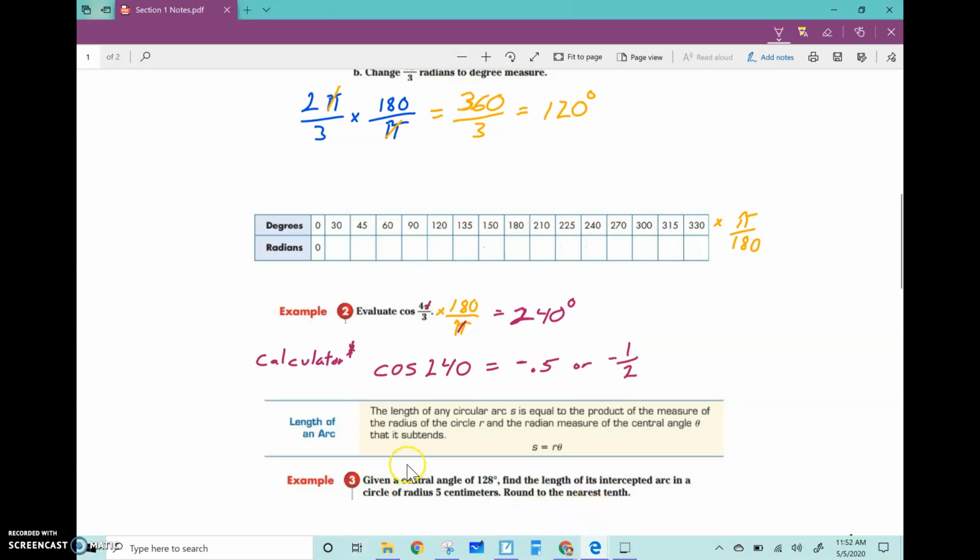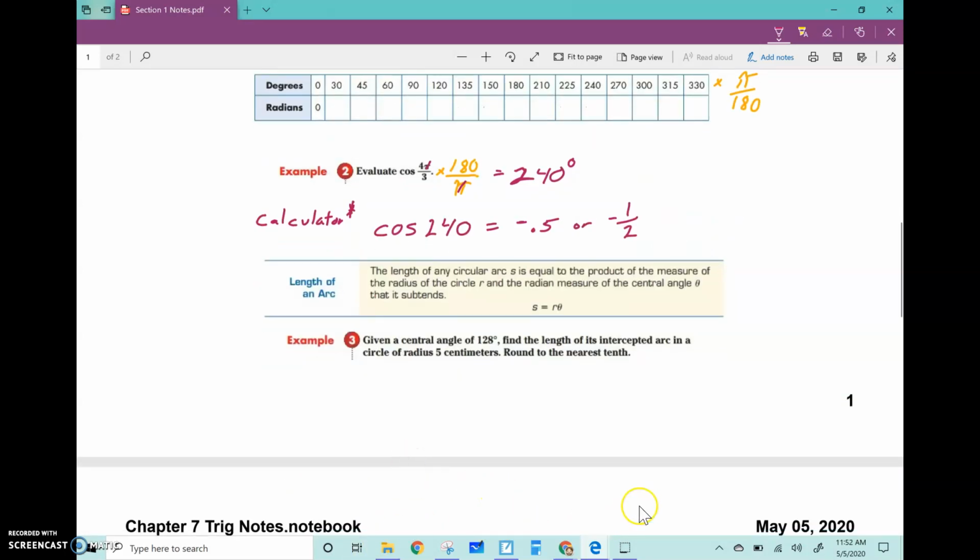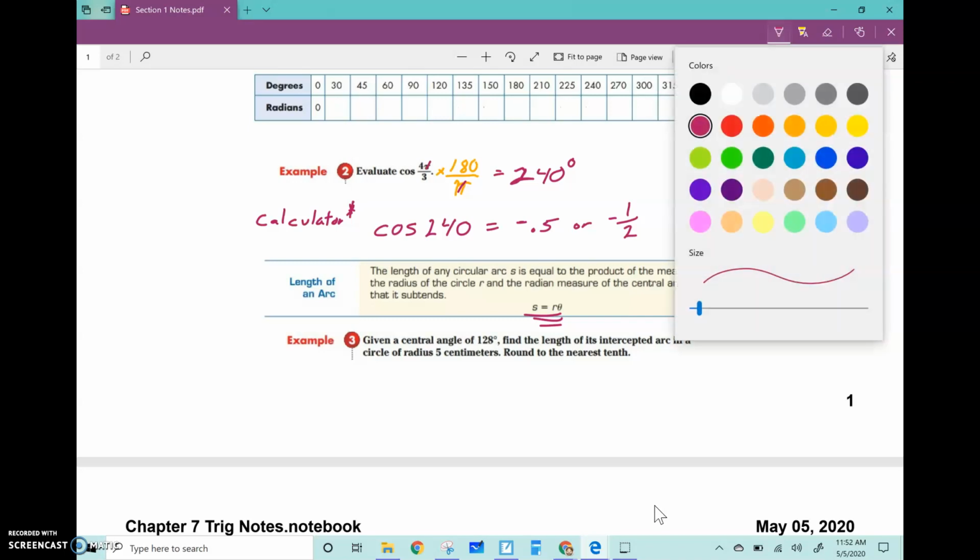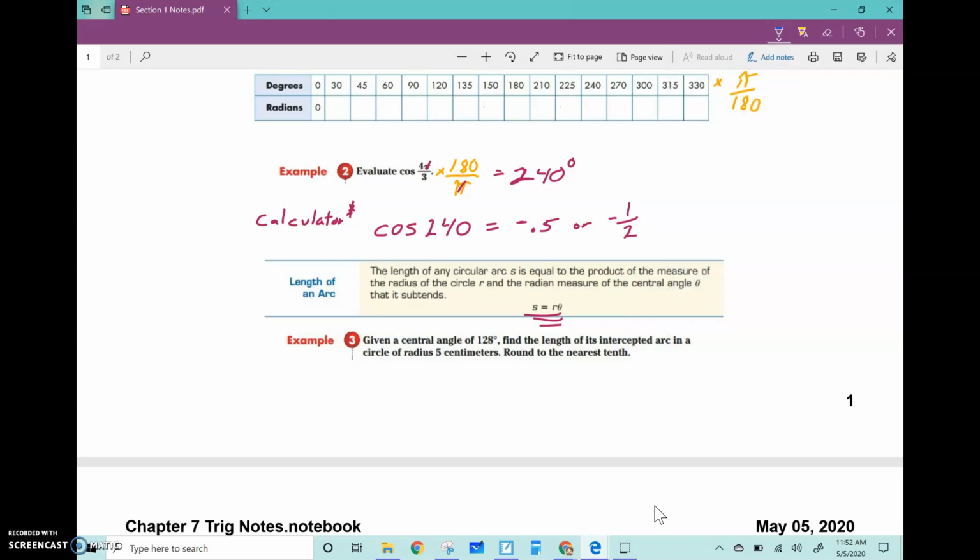All right, now we're going to be looking at the length of an arc. We're going to be using this formula right here of S equals the radius times an angle. So what we'll do first is figure out what we have here. We have the radius of 5, so we know that R equals 5. We have a central angle of 128 degrees.